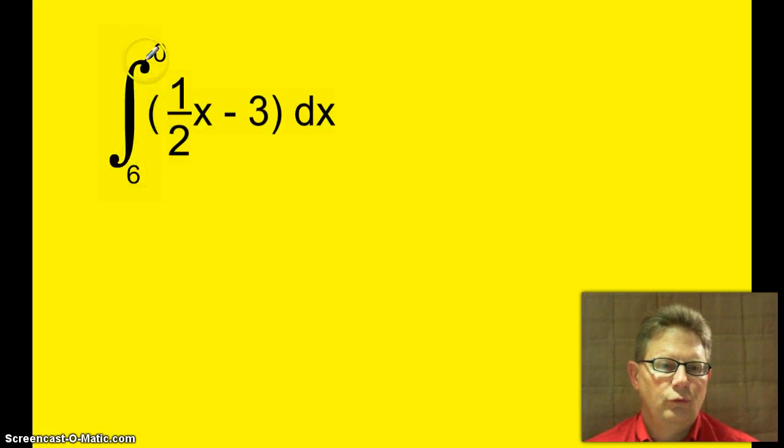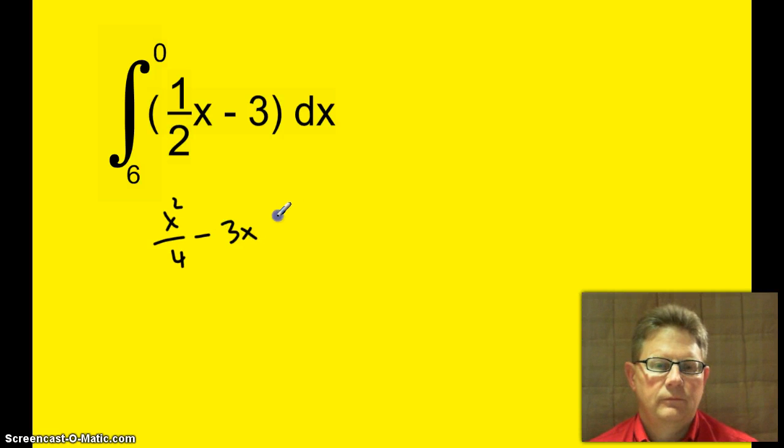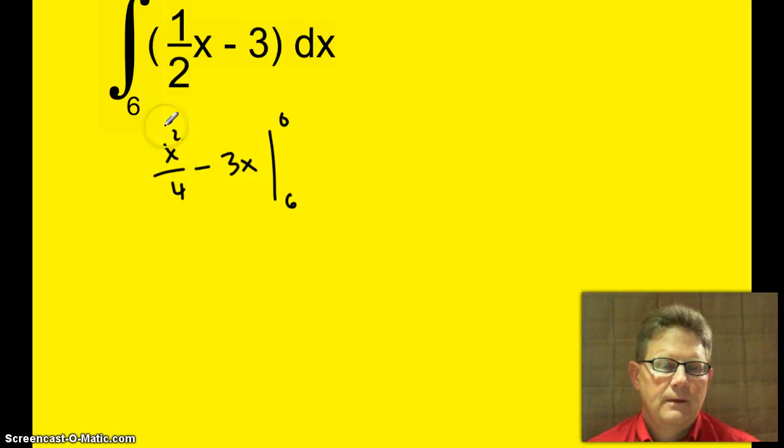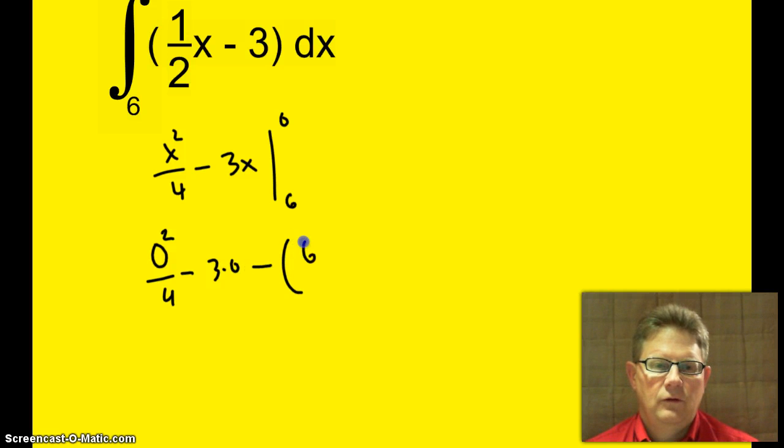Alright, hey look, the bounds are switched. X squared over 4 minus 3x evaluated at 0 and 6. I know we could switch it around, but we don't need to if we don't want to. This one, let's just evaluate it the way it is. That would be 0 squared over 4 minus 3 times 0, minus 6 squared over 4 minus 3 times 6.